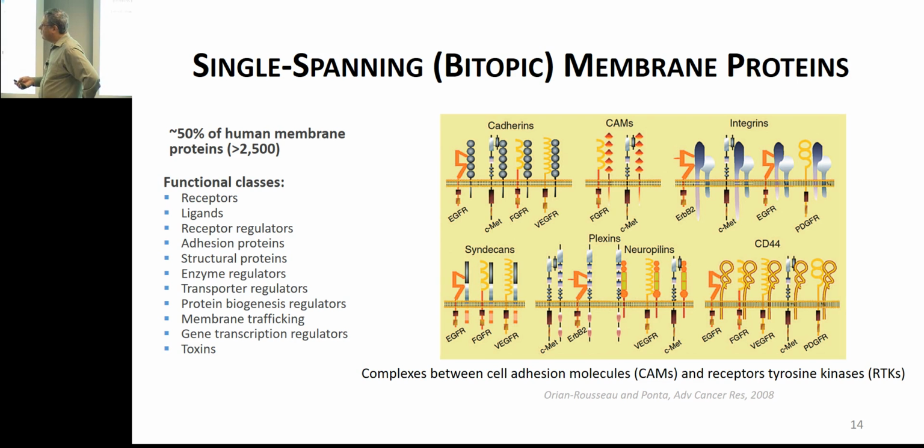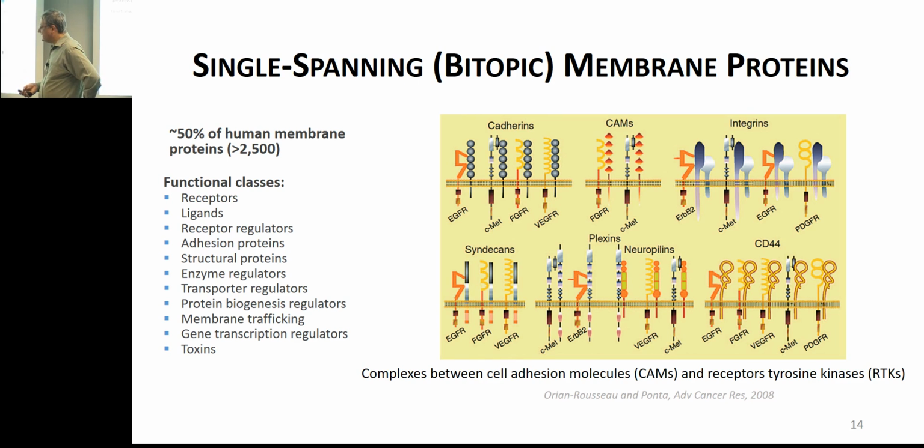If you look at the human membrane proteome, for example, almost half of it is bitopic proteins. So they are very numerous. There are more than 2,500 of them in the human proteome, and they belong to receptors. They provide interactions between cells, involved in adhesion.